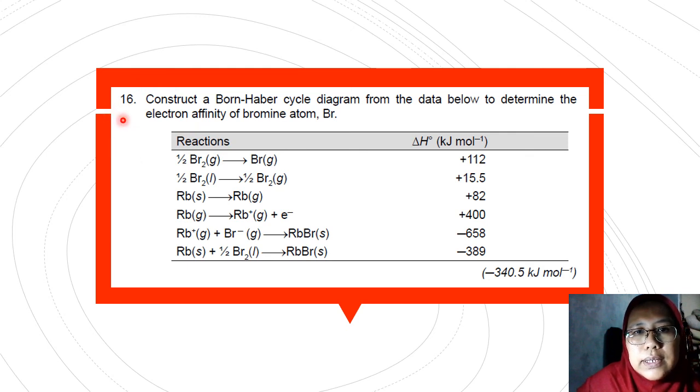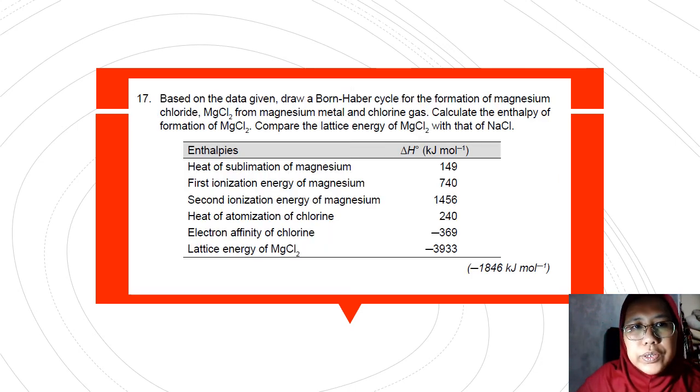Next, question 16 is regarding rubidium bromide. Try to get the final answer here. Not that difficult. And question number 17 is regarding magnesium chloride.